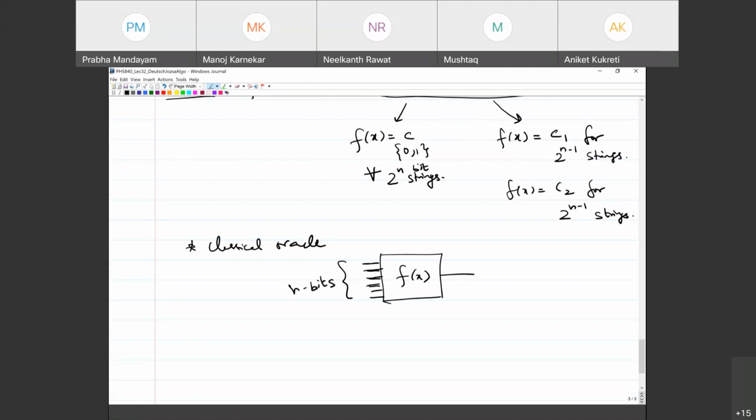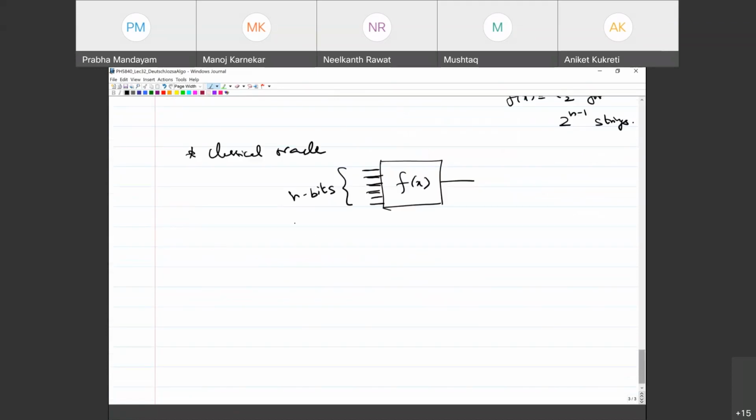So now how many times do you need to query the oracle? So this together is the x, which is the input. This is f(x). How many times do you need to query the oracle before you can decide whether the function is constant or balanced?